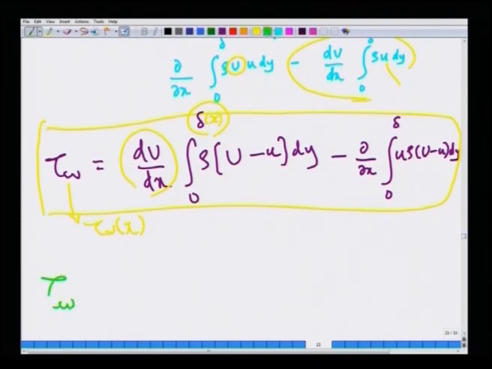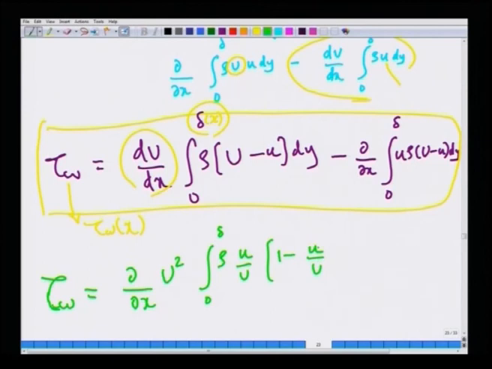So, tau w is partial by partial x of U squared times the integral 0 to delta of rho, okay, u divided by U times 1 minus u divided by U. All I am doing is to take this U out, and then I write U dU/dx as d/dx of U squared, okay, 1 minus u by U dy, okay, plus.